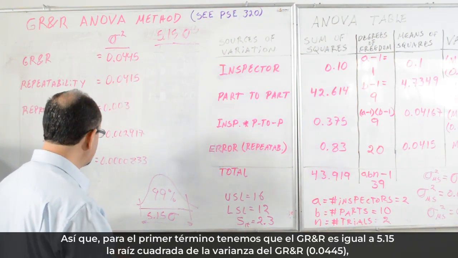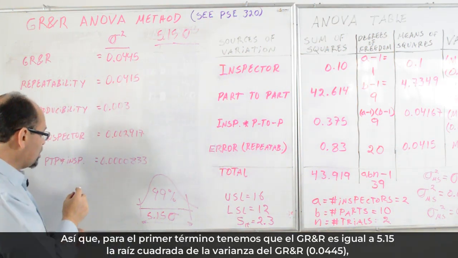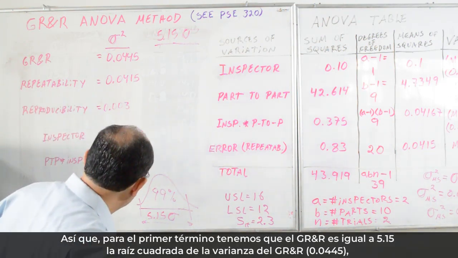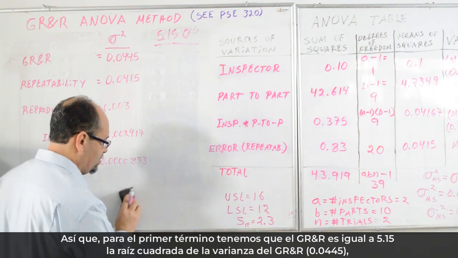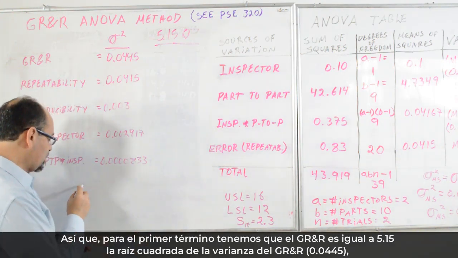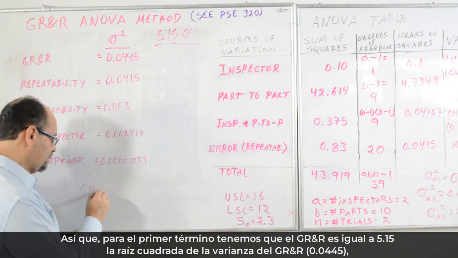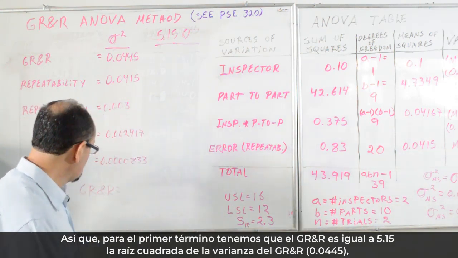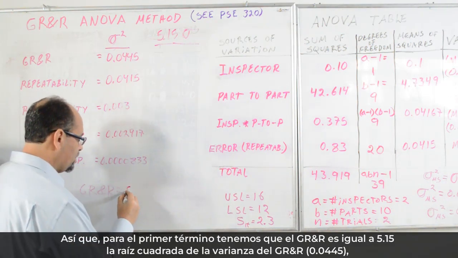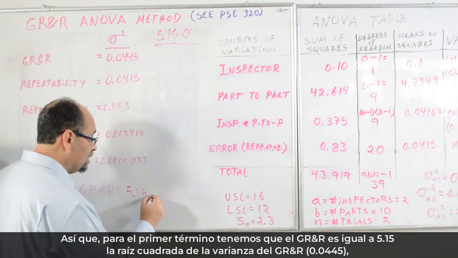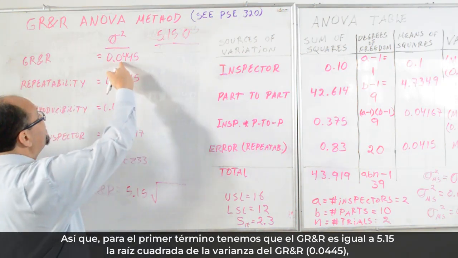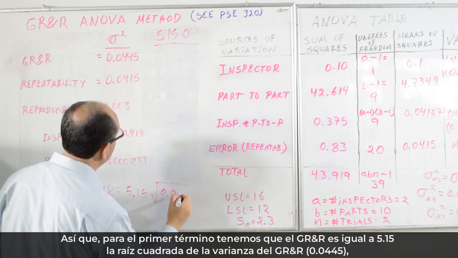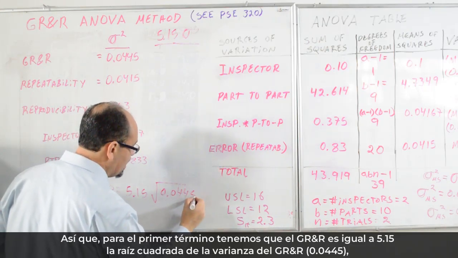Then, for the first case, the GR&R will be equal to 5.15 times the square root of the variance of the GR&R, which is 0.0445, and so on.